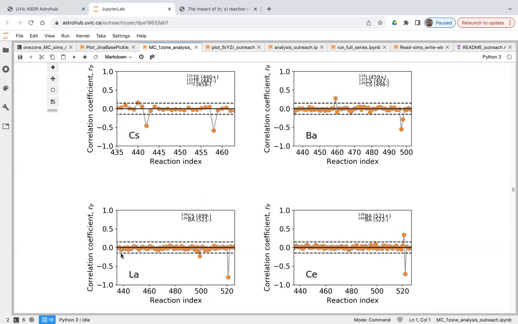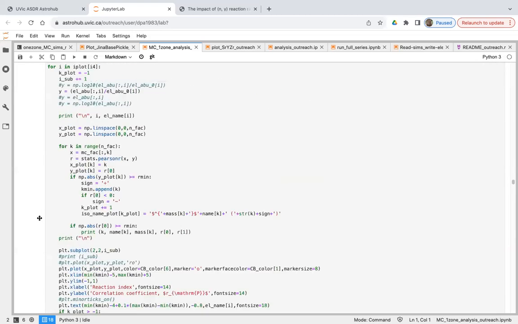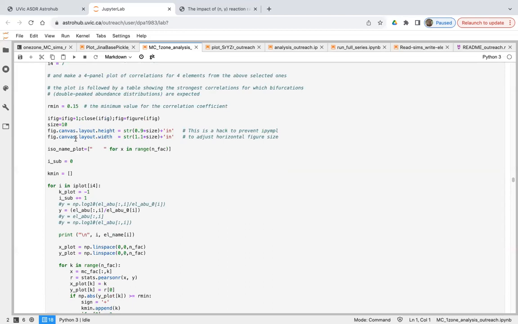So these two dashed lines show the minimum correlation coefficient that we ignore. It's just a parameter here. It can be specified here, R minimum 0.15, the minimum value for the correlation coefficient.